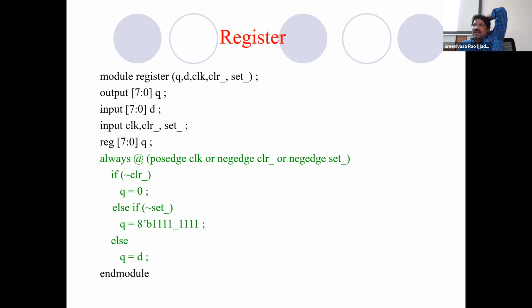Then I want to set the next value immediately, 50. Can it hold 50? It is 2 power 8, so yes. So to set any value, you need the set signal. To clear whatever its value, you need the clear.